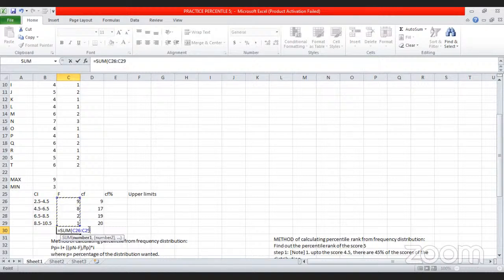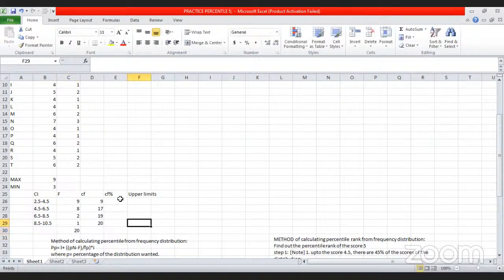As there are 20 individuals, the sum must be 20. Now I have to do the cumulative percentage. So this is about 9 divided by 20.